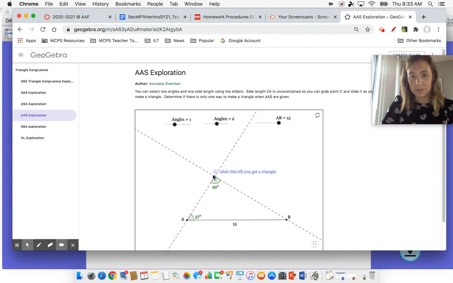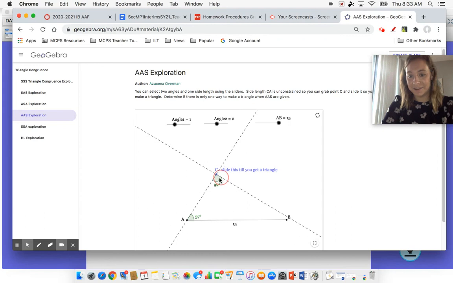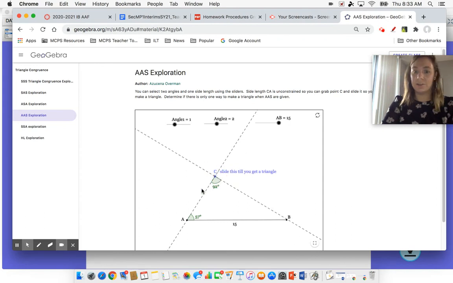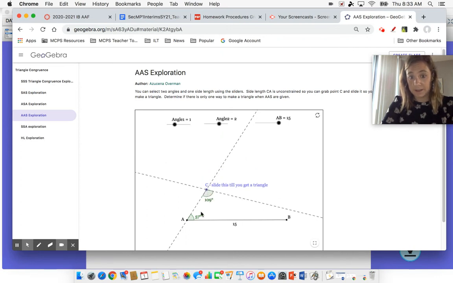So these are the three things that can't be changed. Is there any other place that I could, keeping these two angles and this side length, stick this other side? There's only one place, which is going to result in a certain distance between these two angles and a certain length here. Notice this angle's not changing, this angle's not changing, this side's not changing.